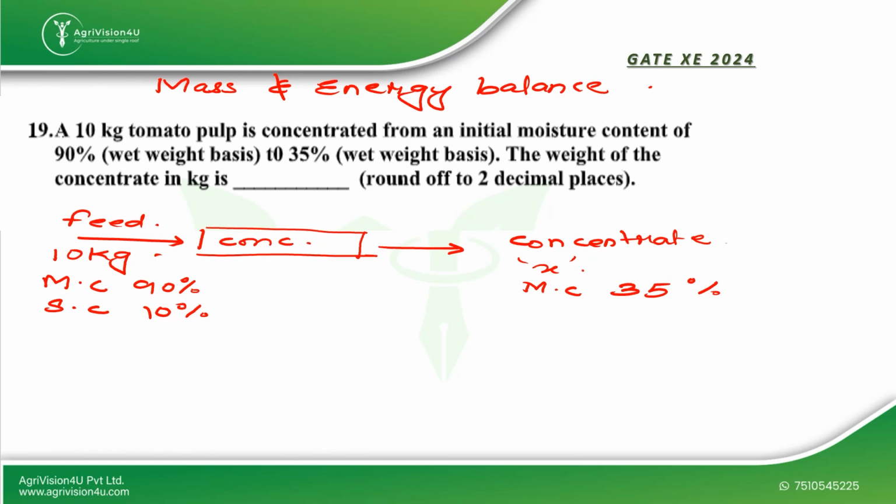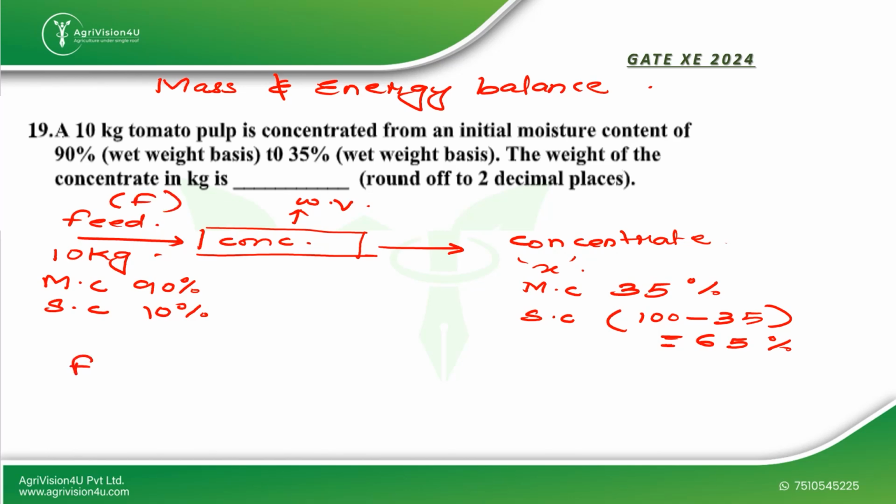So solid content will be 100 minus 35, that is 65%. And water vapor is moving out from here. We'll call the feed F.